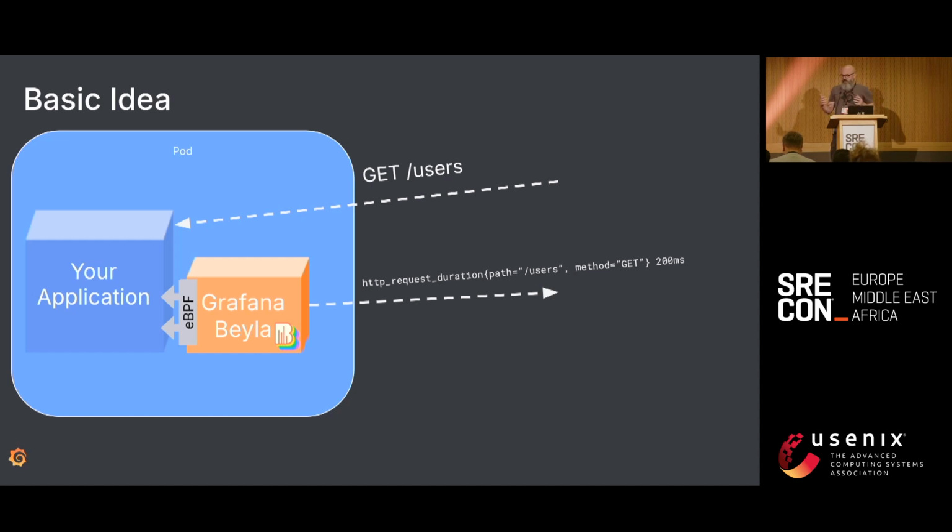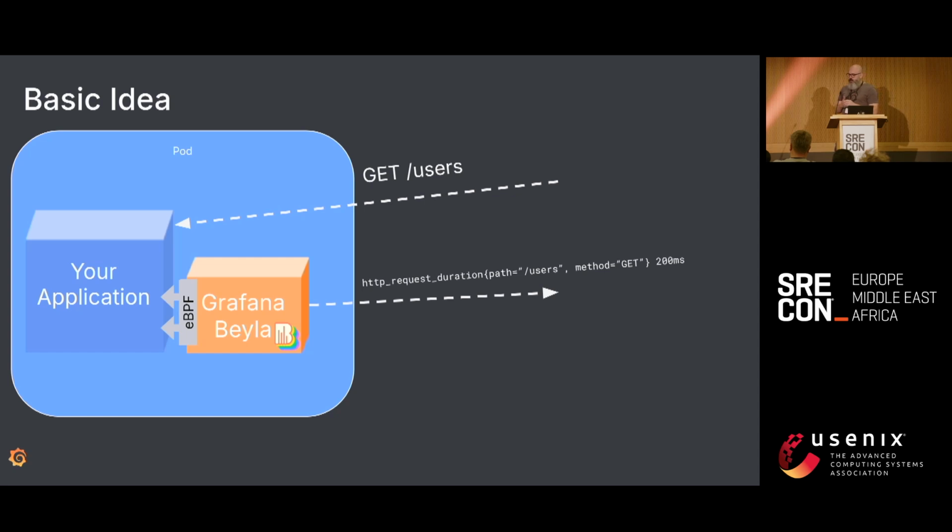So Beyla is going to execute its probes, and it's going to do some calculations. In this case, we're going to measure the latency of this request. So we're going to generate a metric, in this case HTTP request duration, and we are able to infer some data like path and the method, and finally the latency for that.